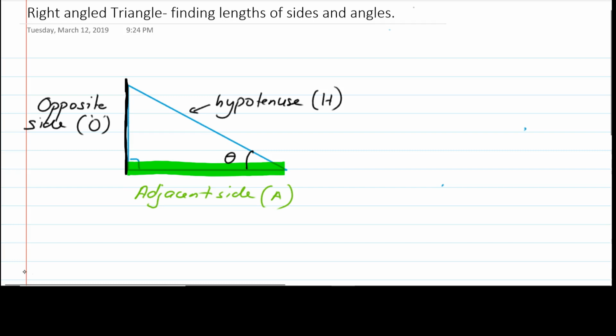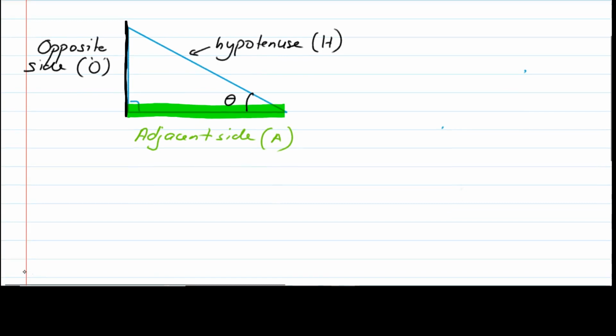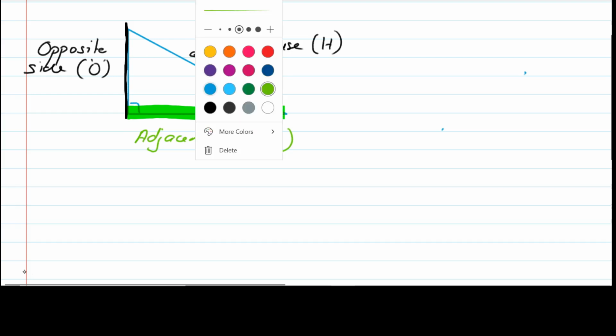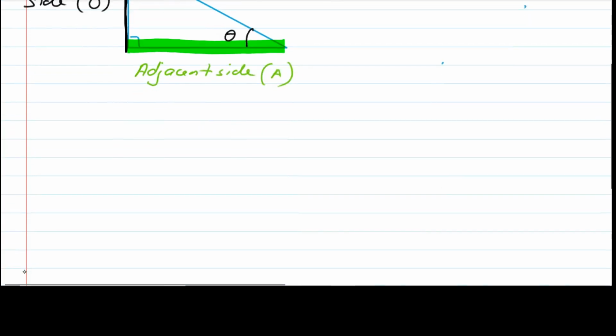Okay, so what I'm going to do now is I am going to actually show you how these are used to calculate the sides. So the first one that I'm going to look at is, if I have a right angle triangle over here, let's try again.